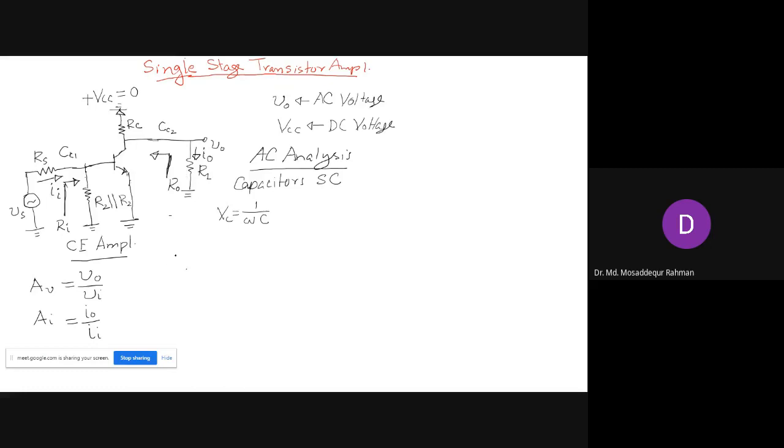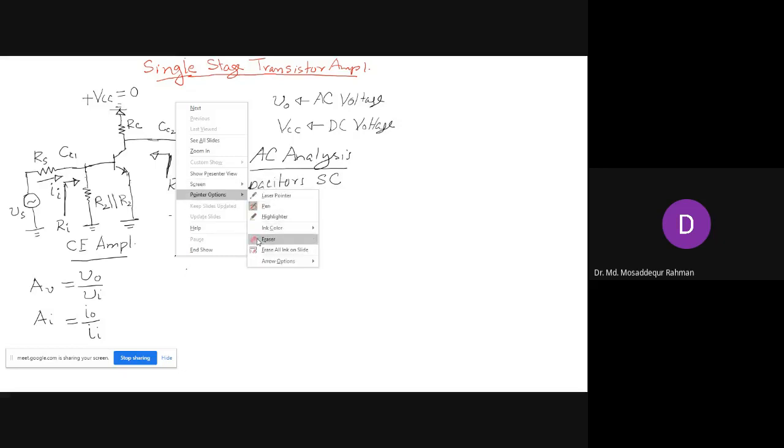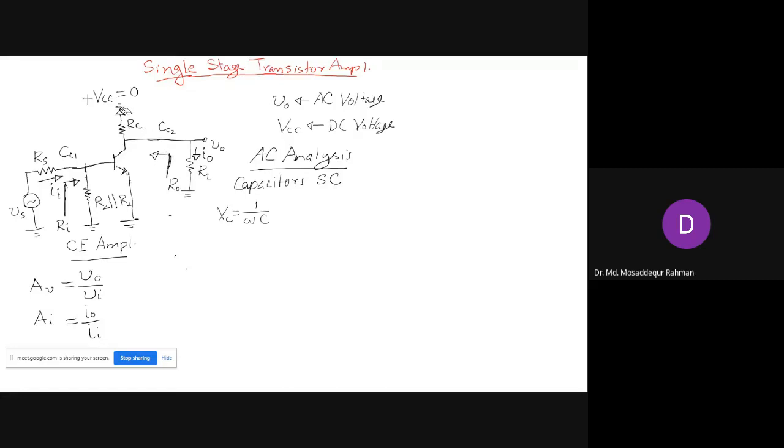So again here we combine these two into one single resistor. So RL and RC combined into one single resistor. So that is our simplified circuit.